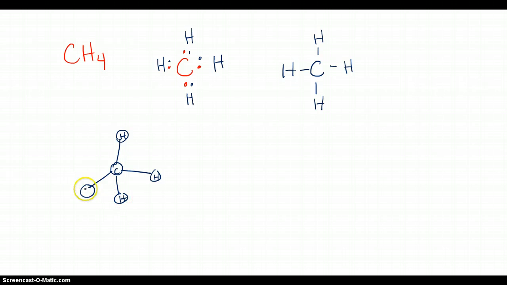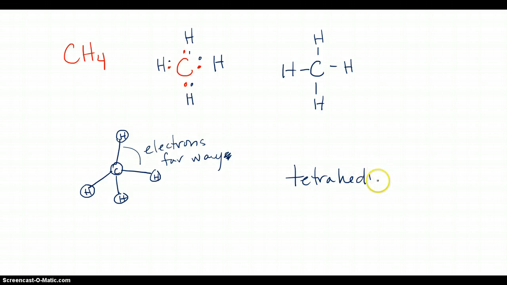And this is the basic shape of all single bonded molecules because it allows the electrons to be as far away from each other as possible. Electrons far away, okay? And keep in mind that is because they all have that negative charge, so they repel each other. We call this the tetrahedral shape.